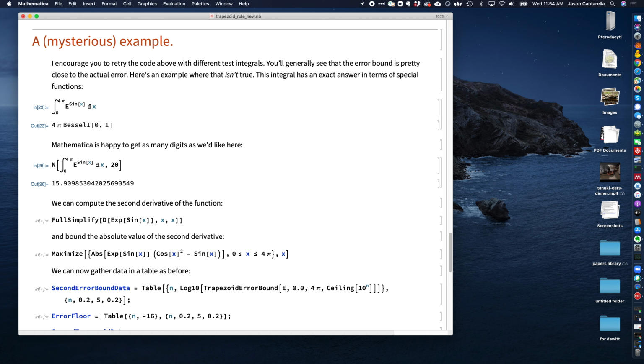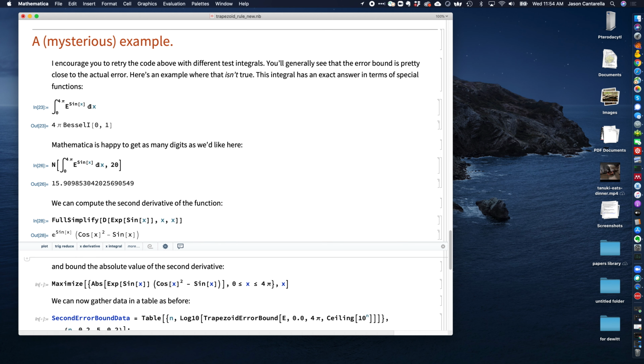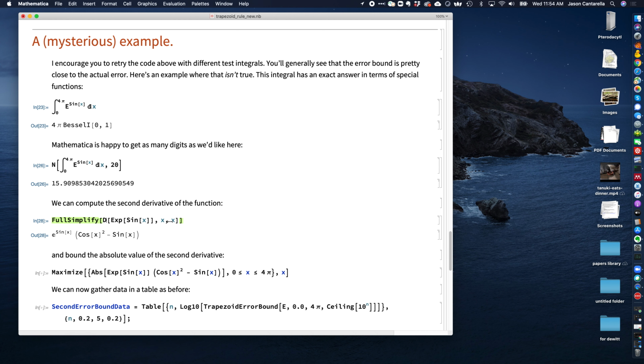Now, we can compute the second derivative symbolically. Notice that I used Mathematica's D to get the derivative, and I used FullSimplify to try to write it as simply as possible. And you get e to the sine x times cos squared minus sine. If there was a nice trig identity that would simplify this further, FullSimplify probably would have found it.